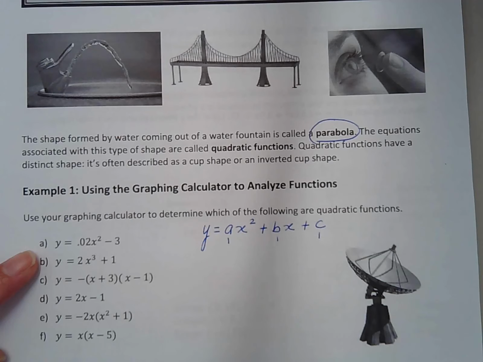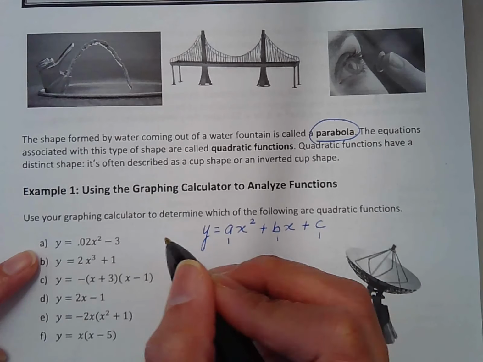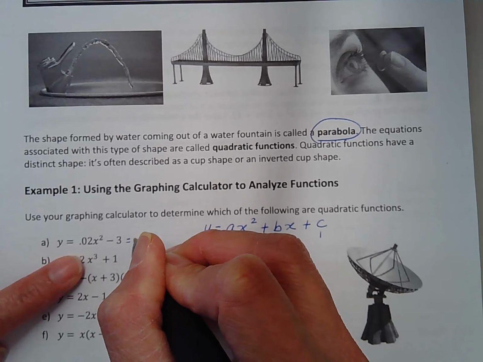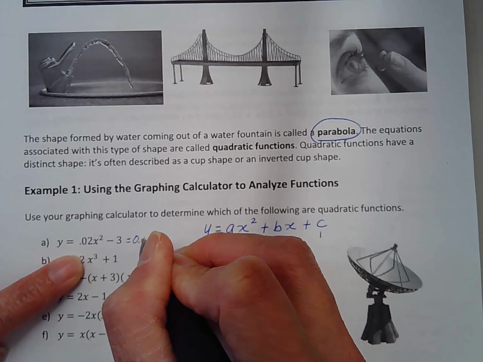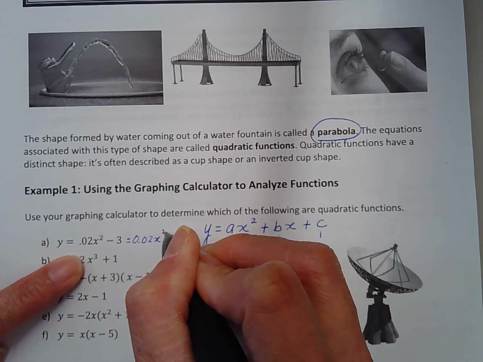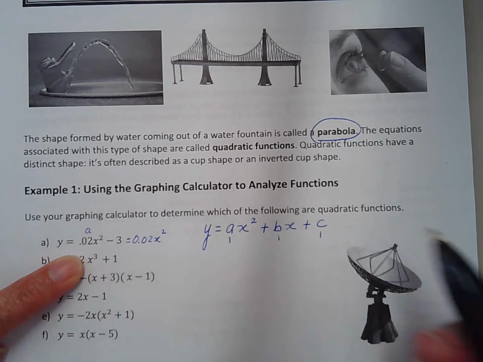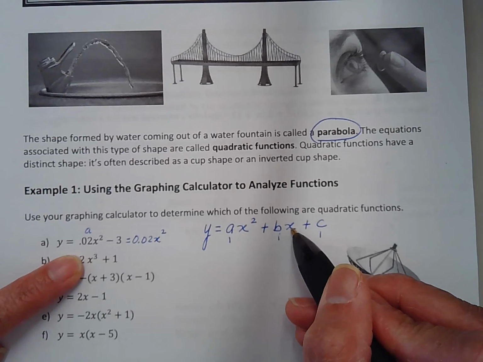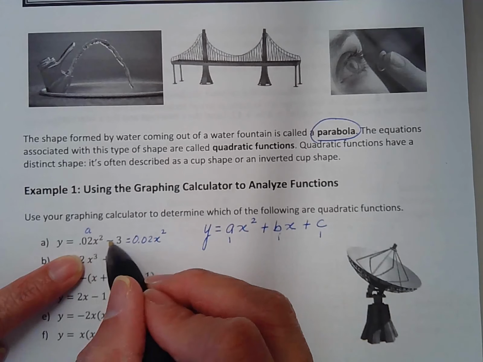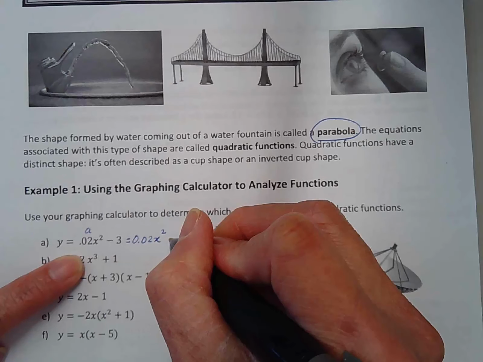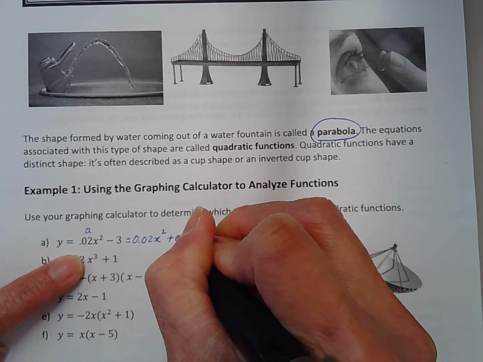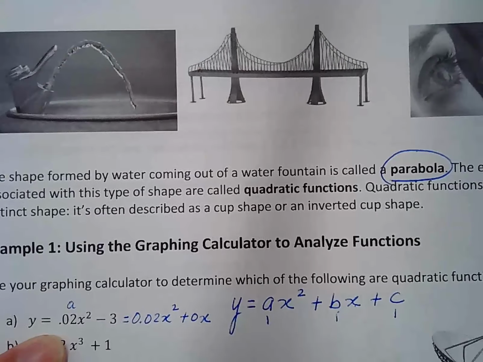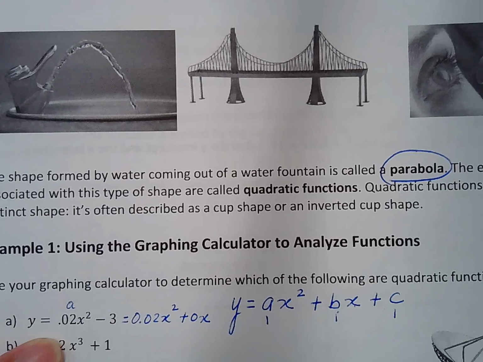So let's give it a try, okay? So we can say, hey, I can write this as 0.02x squared. That's our A. The B value is supposed to be multiplied with x. Well, I don't see it in here, so that could be 0x. And then what's the C value?